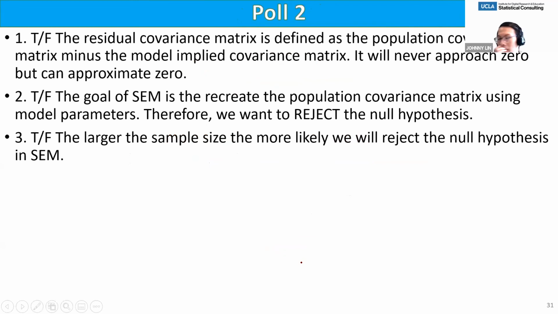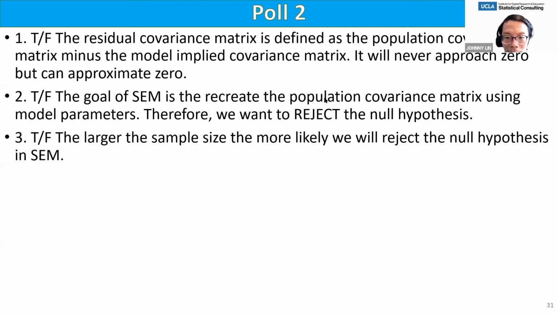So here's where we get the second poll to see if that makes sense to you. I'm going to launch the poll now. I'll read through the questions, there's 3 of them. The residual covariance matrix is defined as the population covariance matrix minus the model implied covariance matrix. It will never approach 0, but can approximate 0.